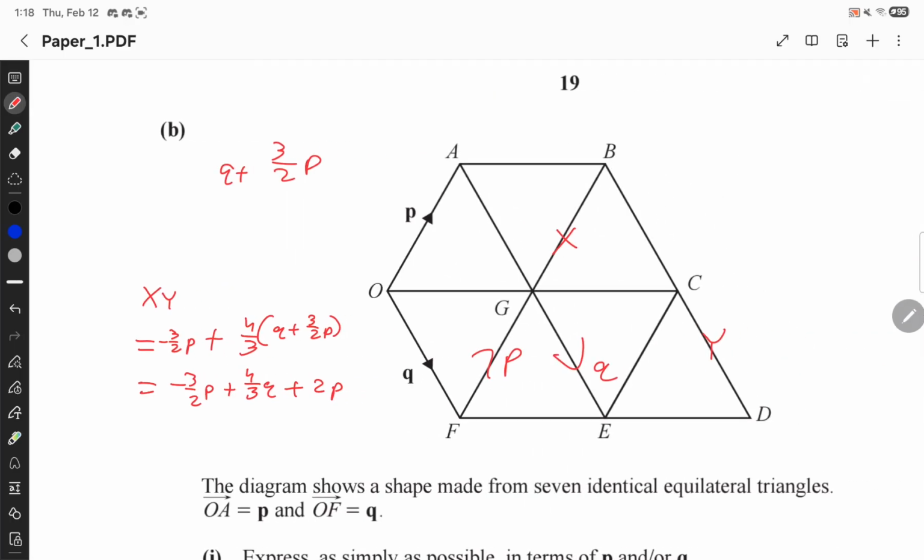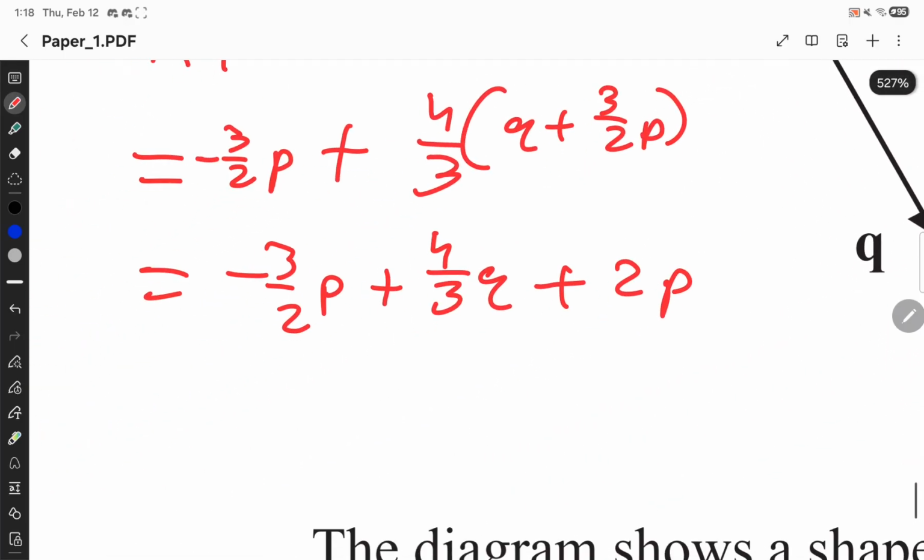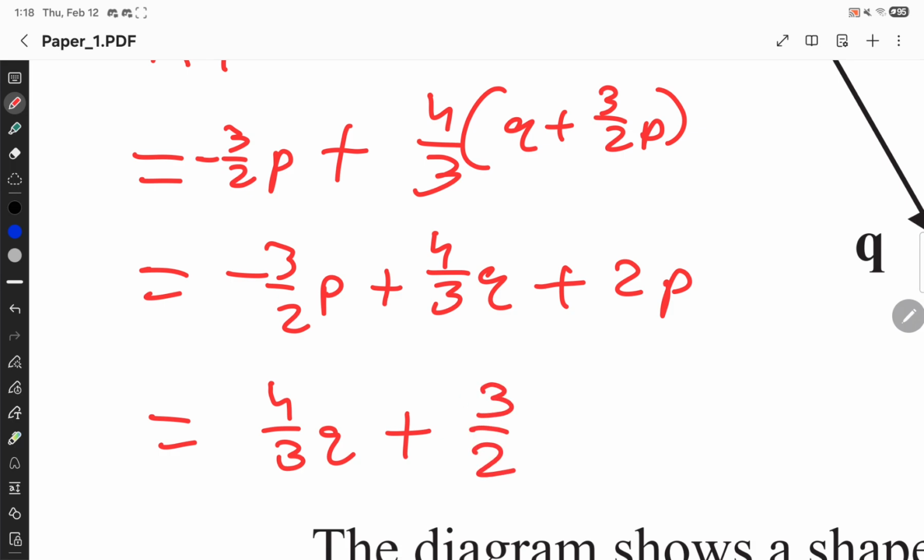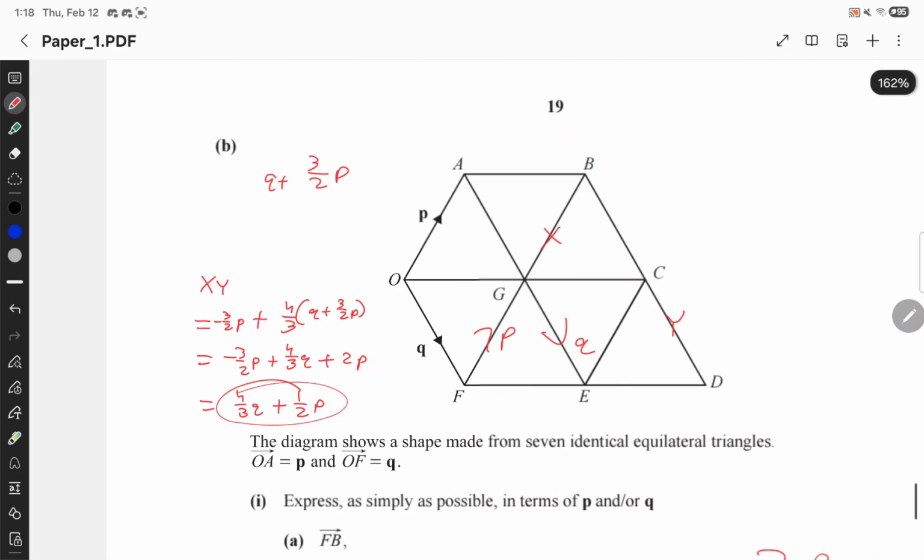Yeah, this makes sense. Okay, 4 over 3q plus 2 minus 3 over 2, which is no, this is a half, yeah, plus 1 over 2p. And that is our final answer.